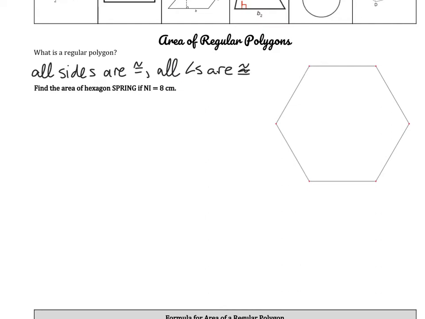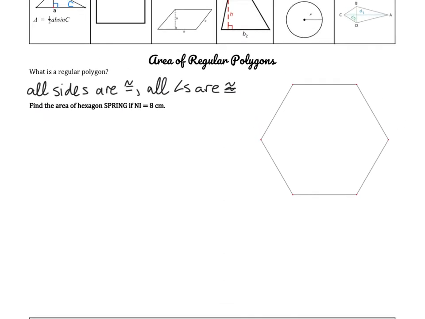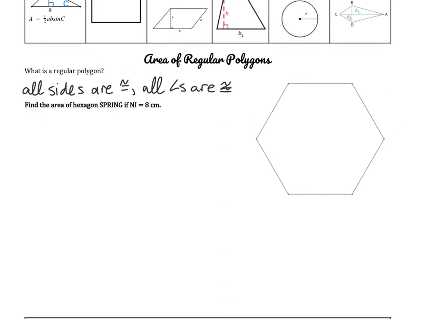Okay, so here we are asked to find the area of hexagon SPRING. So we can label our figure SPRING. And all we know so far is that NI is 8.